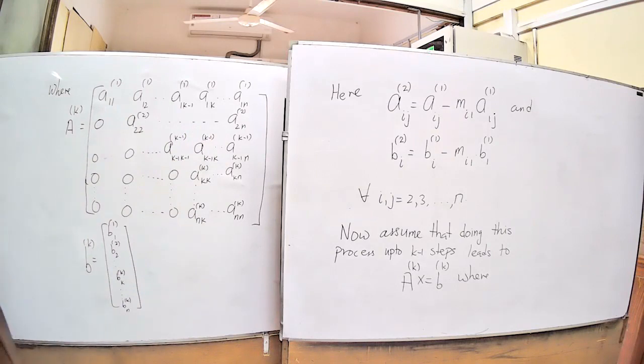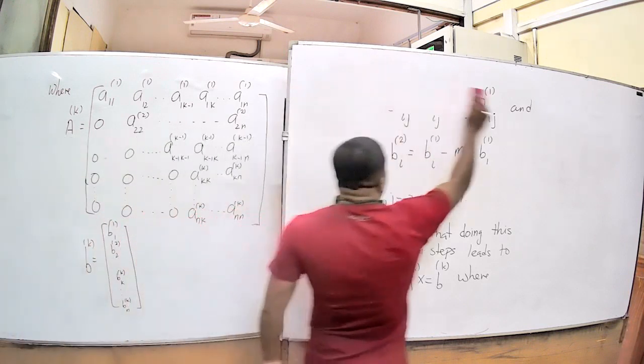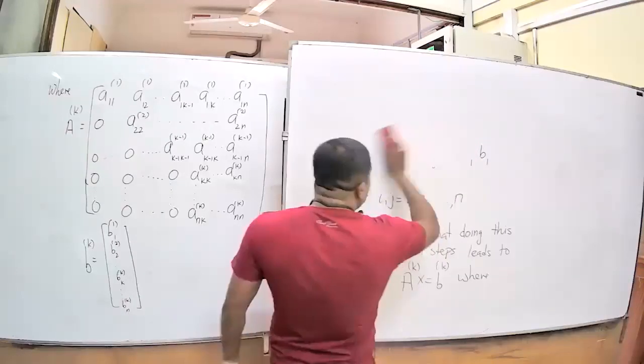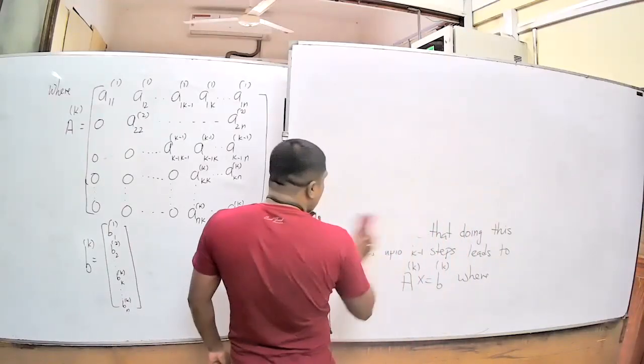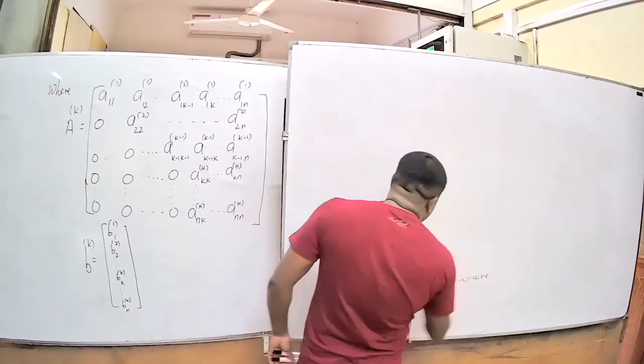That means the process is continued without any problem up to k minus 1 steps. Now we have to show that it works for the kth step. The process is the same. So now you assume the diagonal term is non-zero.